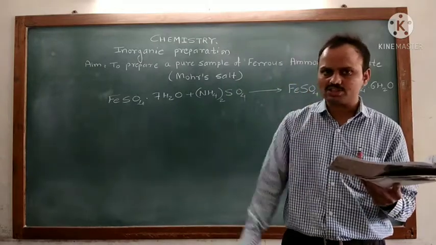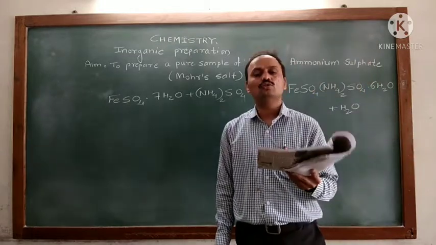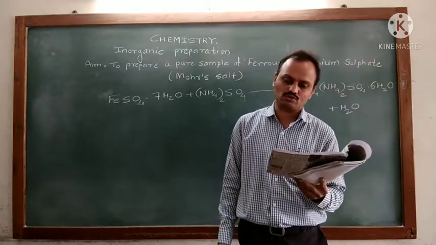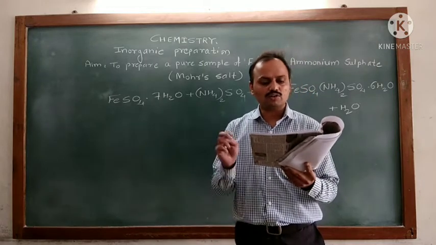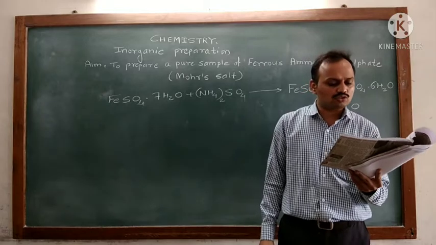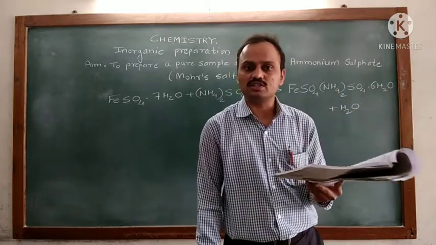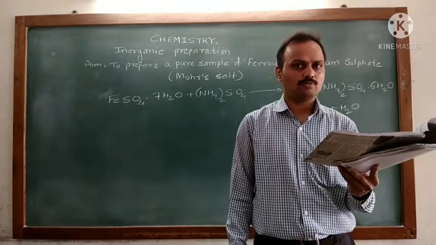Students, just make a change in your handbook also. Instead of dilute H2SO4, we will take concentrated H2SO4. Diagrams they have given: the filtration assembly, heating the solution, and lastly the shape of crystals. It is monoclinic.